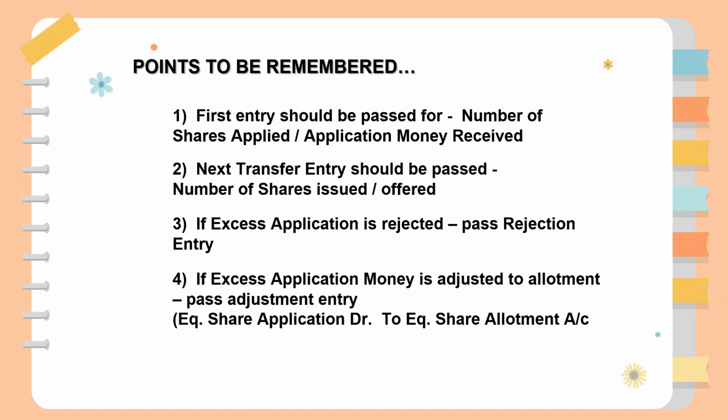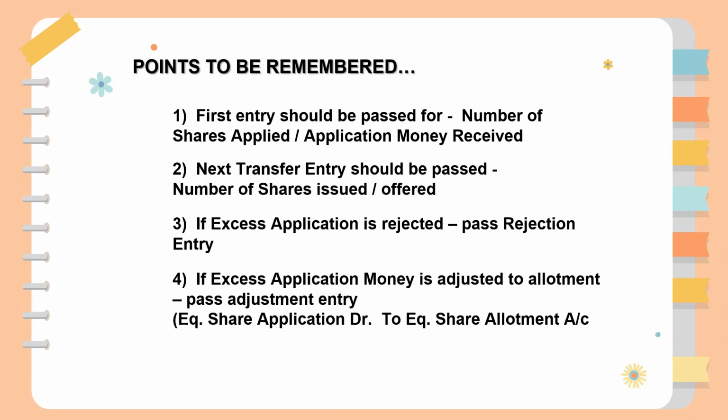Before I end the video, I have given points to be remembered. The first entry, always you have to pass application money received, and the second entry if it is over subscription, in that case I am saying. And next, the transfer entry should always be on the number of shares issued or number of shares offered.